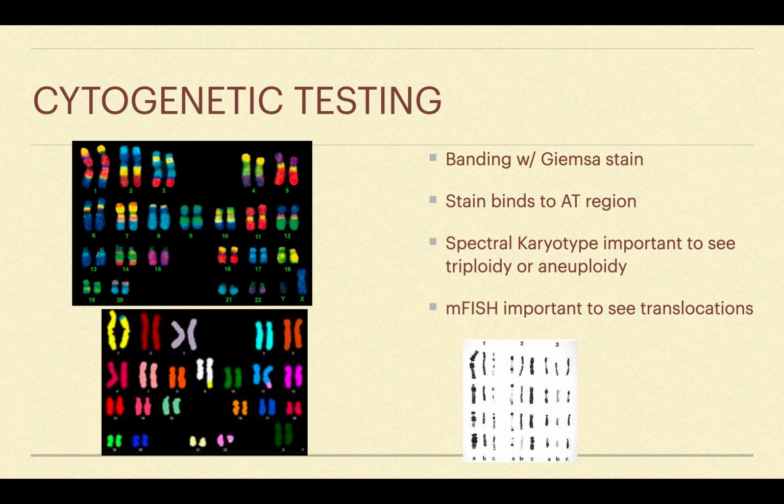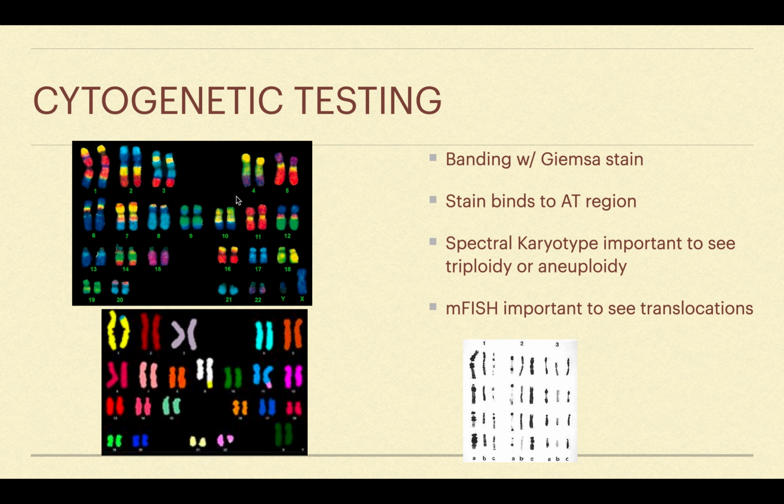But first, let's go through the types of cytogenetic testing. You don't need to know the nitty-gritty of every single type, but what's important is to know the applications of the types of cytogenetic testing, right?